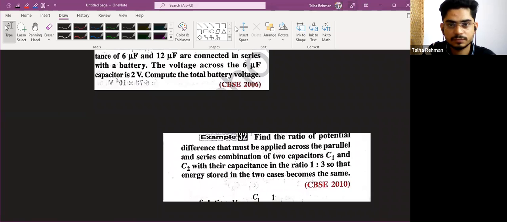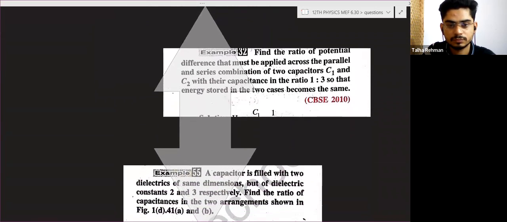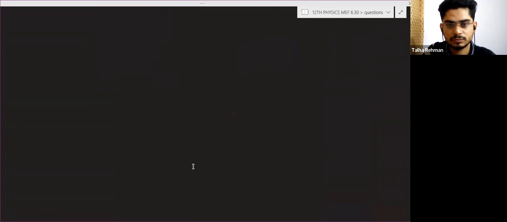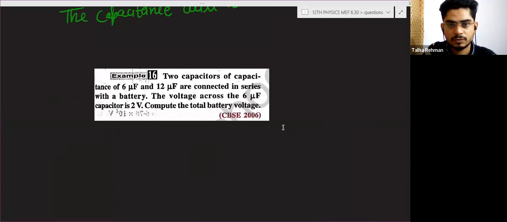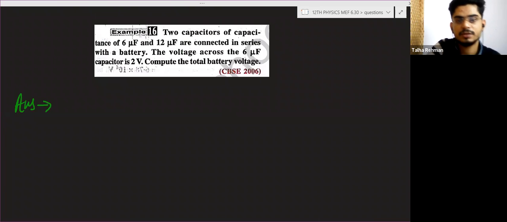Now another question. See this question. They are saying that two capacitors of 6 microfarad and 12 microfarad are connected in series. So connect them in series.